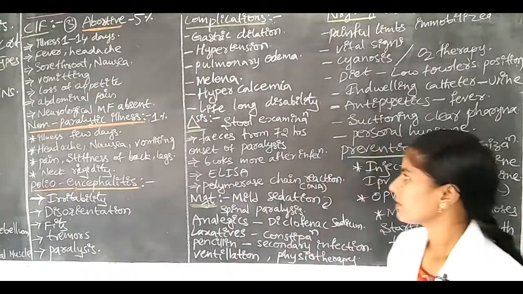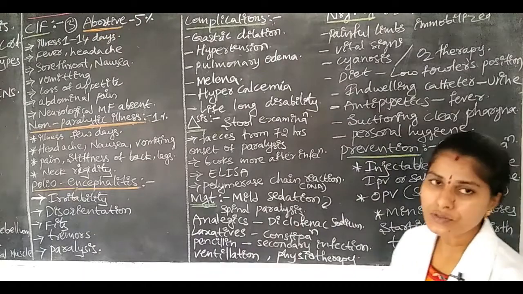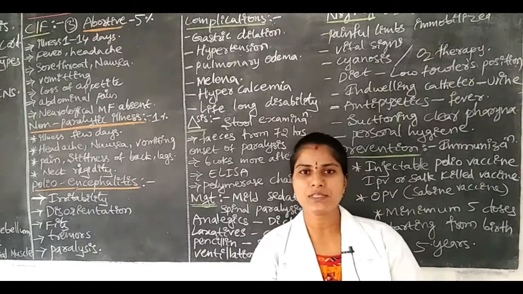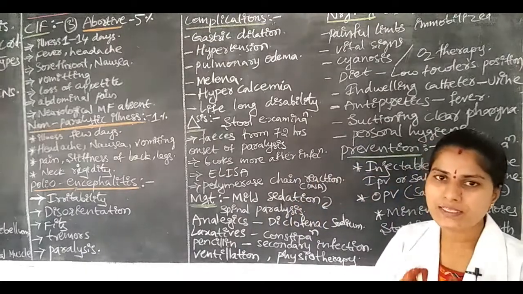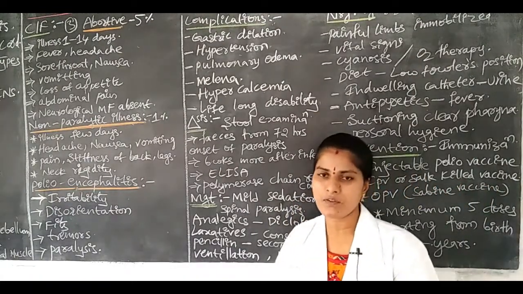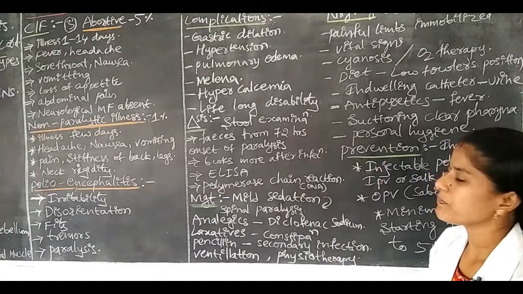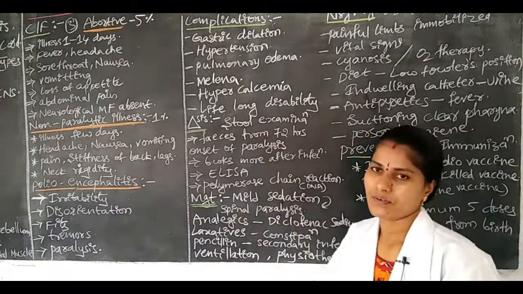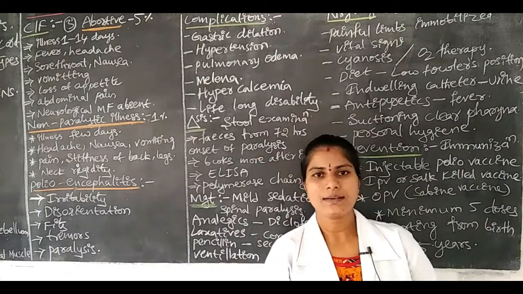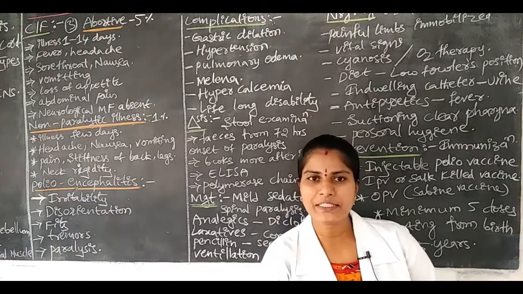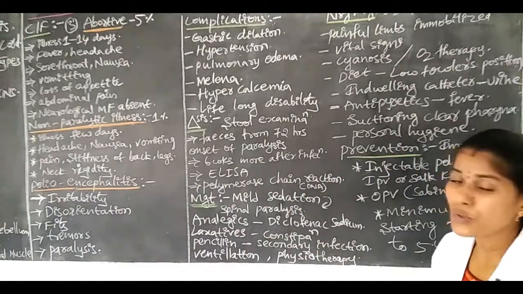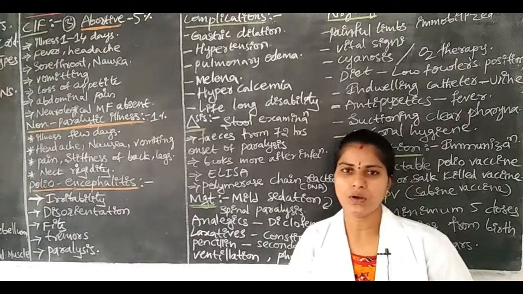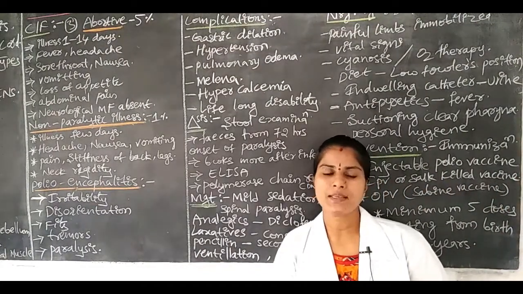Next, diagnosis. How do we diagnose the children or persons suffering with this virus? By stool examination, because children affected by poliomyelitis have black colored stool, that is why we examine the stool.